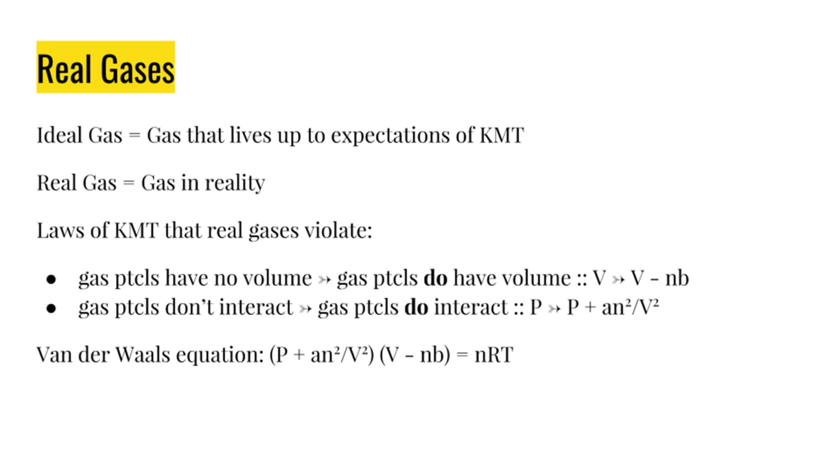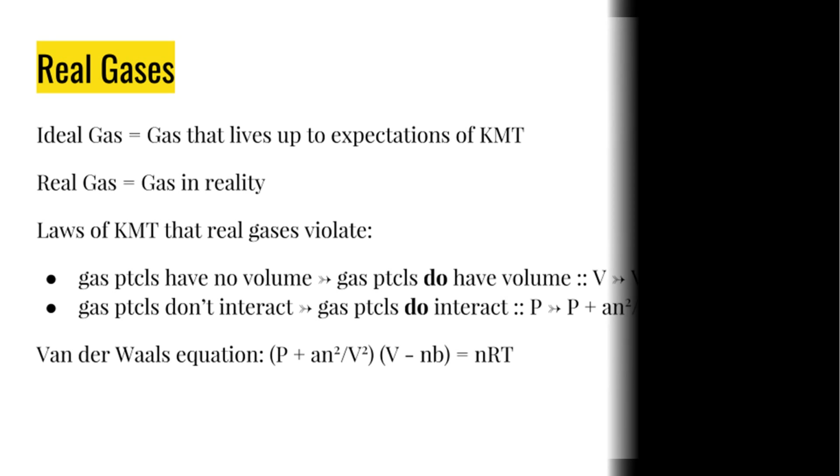So the first condition of ideality is that gases don't have volume. And the way you approximate that, the way you make a gas get as close to that as possible, is by making sure that the volume of the individual gas particles is really, really, ridiculously small compared to the total volume the gas is occupying.